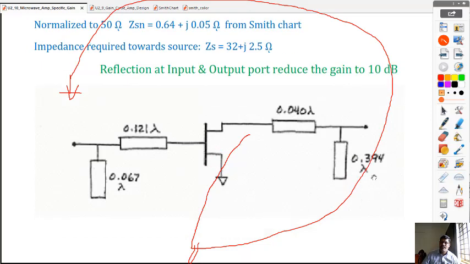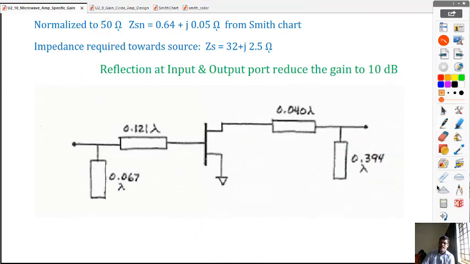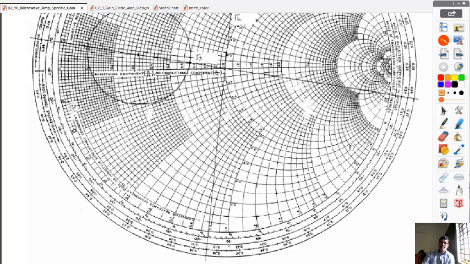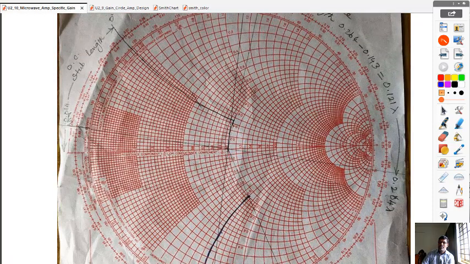So this one is 0.394 lambda. Next we have to compute the length of the series line, which connects this stub with the output port of the transistor. For that, we use the same procedure we used to compute the length at the source side.